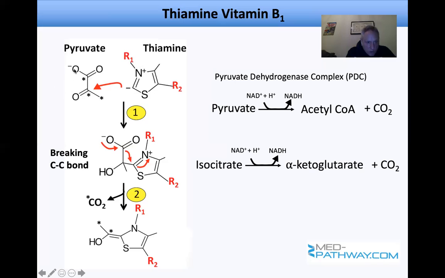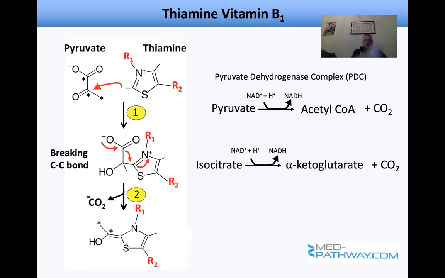Rather, what we see over here is pyruvate. I've labeled the actual carbons so we can follow them through the cycle here. So what happens is the carbanion attacks an electrophilic carbonyl, generates a tetrahedral intermediate that when it collapses, these electrons are pulled towards this nitrogen. Positively charged nitrogens are often thought of as electron sinks.